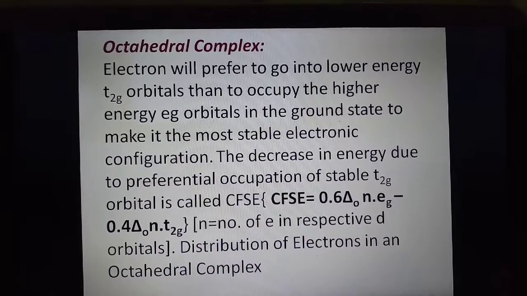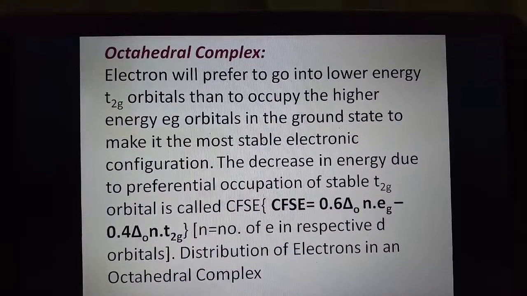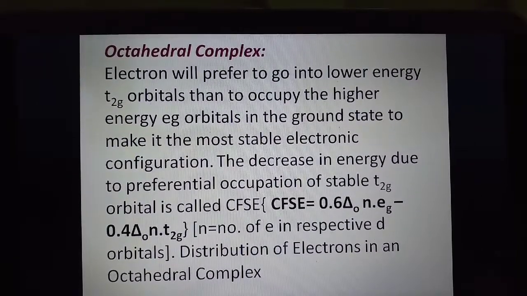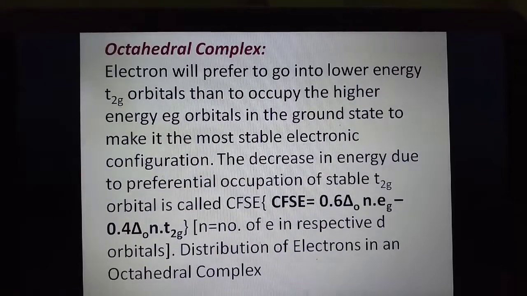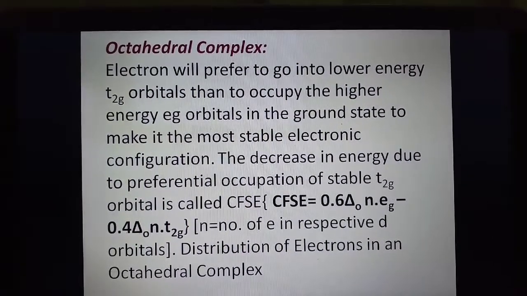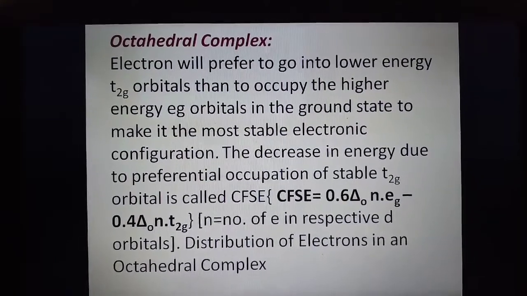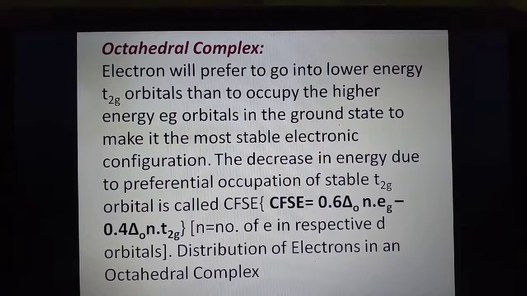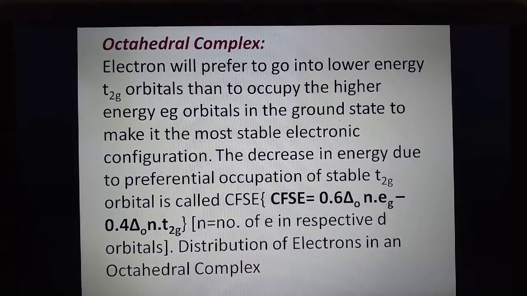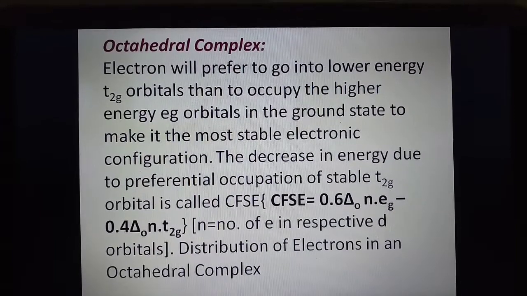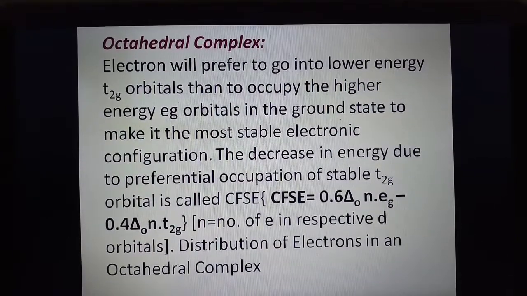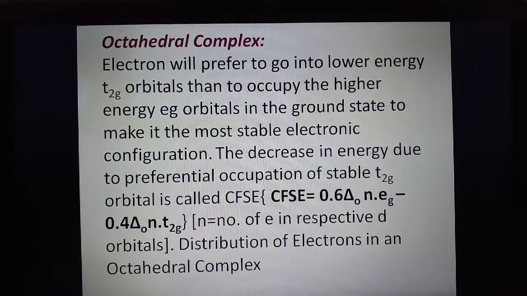Electrons will prefer to go into the lower energy T2g orbital than to occupy the higher energy Eg orbital in the ground state, to make the most stable electronic configuration. So electrons love to be in the lower energy level. If they are in the lower energy level, they are more stabilized.